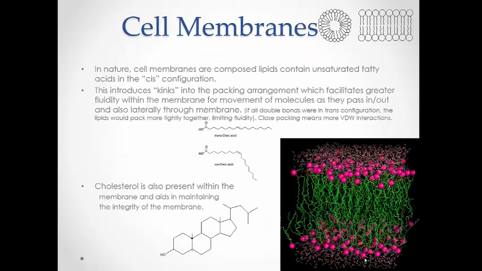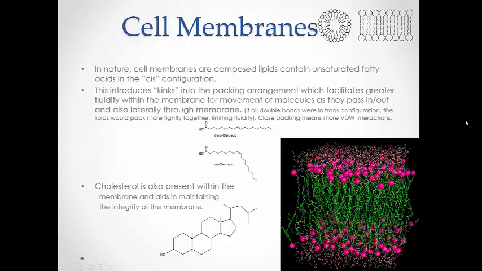Okay, so let's have a quick talk about our cell membranes. Remember, we've talked about this before. Our cell membranes are comprised of lipids, and their unsaturated fatty acids in the cis conformation can introduce kinks into the packing arrangement. If you've got oleic acid in the trans versus oleic acid in the cis, you'll see that the cis one has this kink in it, whereas the trans one is fairly straight.